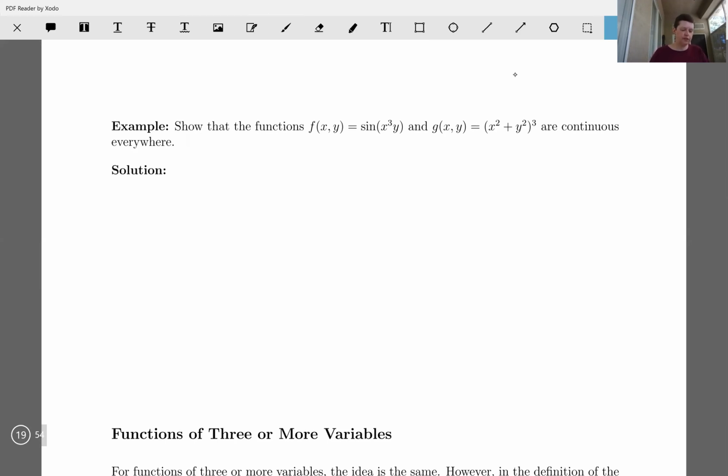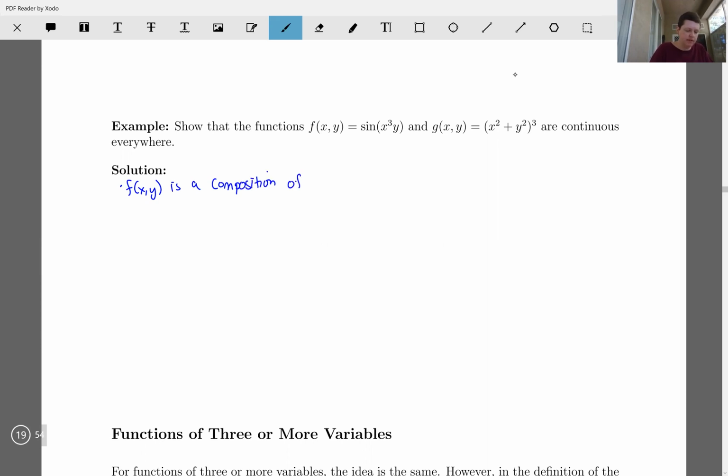First of all, f of x, y is a composition of the function g of x equals sine of x and h of x, y equals x cubed y. Since h of x, y is a product of functions continuous everywhere, it also is continuous everywhere.